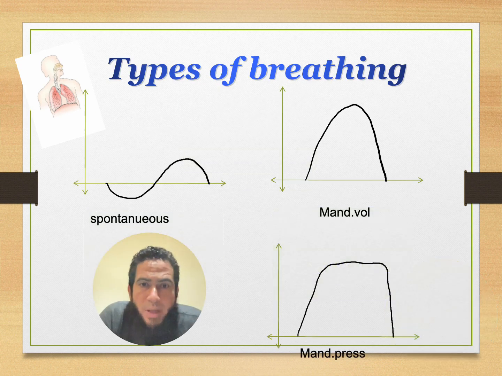So in order to understand the modes of mechanical ventilation, it will make it easier if we understand the types of breathing that can happen during interaction between the patient and the ventilator. The first thing is the spontaneous breathing, which is fully controlled by the patient.